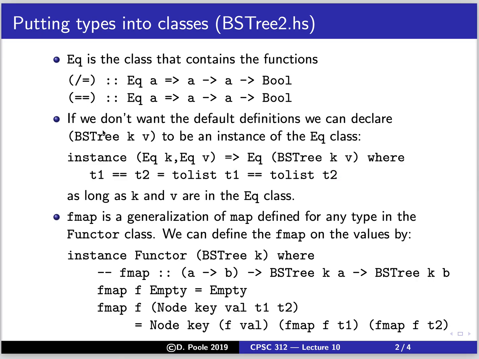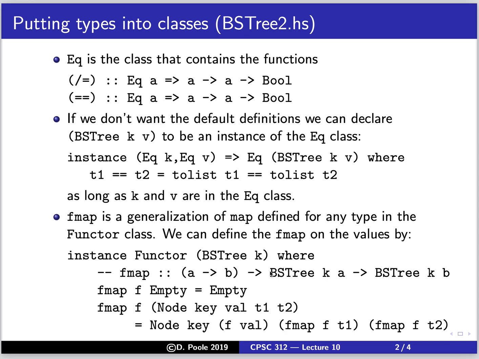Here's another function that's interesting. This is sort of a more tricky case. It turns out that fmap is a generalization of map defined for anything in the Functor class. There's a Functor class, and the Functor class has this function called fmap, which is a generalization of map, but now it's going to be used for binary search trees as well as for lists.